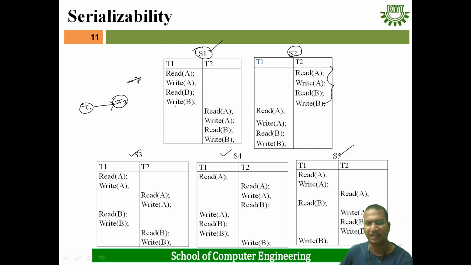Is there any line from T2 to T1? Write A to read A, read B to write B, write B to read A, all are from T1 to T2. So a cycle is not present, and as no cycle is present, S1 is a conflict serializable schedule.